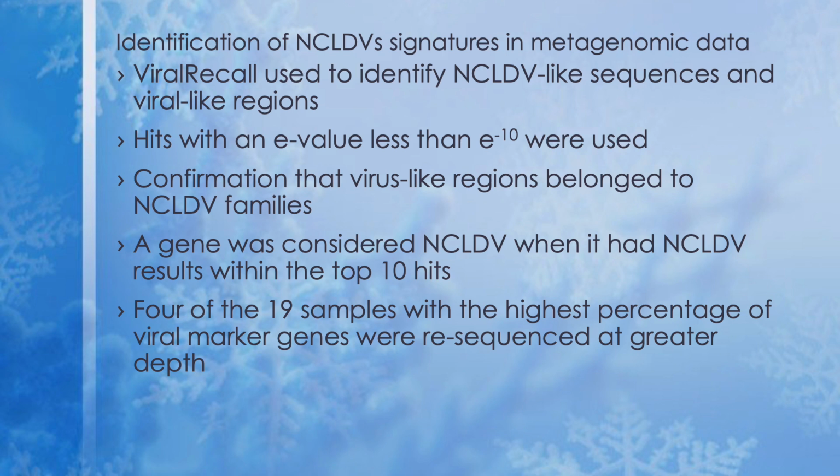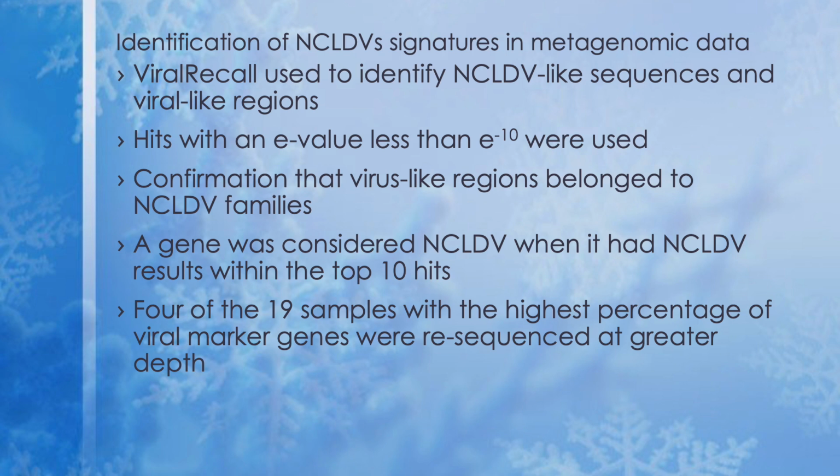To confirm that virus-like regions belong to the NCLDV families, the BLASTP function against NCBI was used, and 50 top hits were verified for each sequence classified as possible NCLDV gene by ViralRecall. A gene was considered from NCLDV when it had NCLDV results within the top 10 hits.